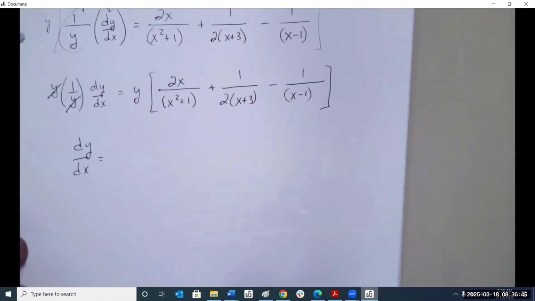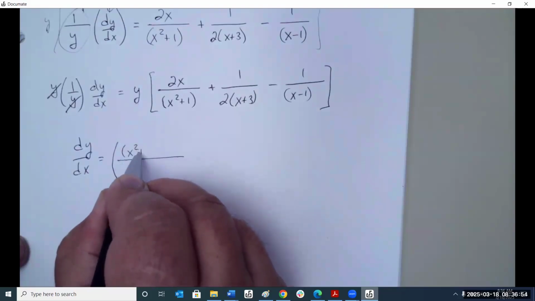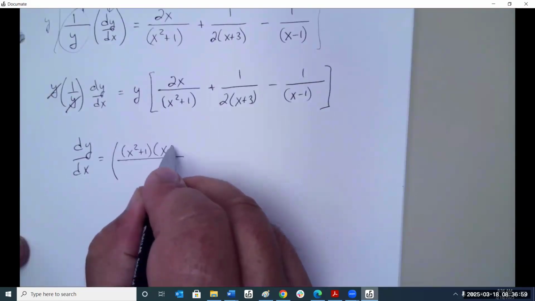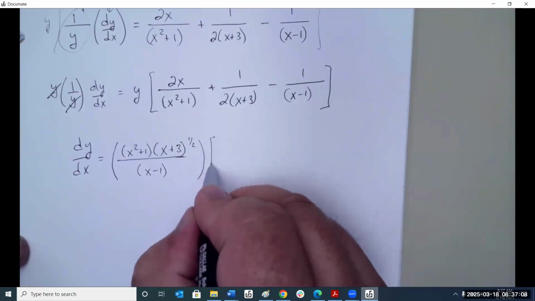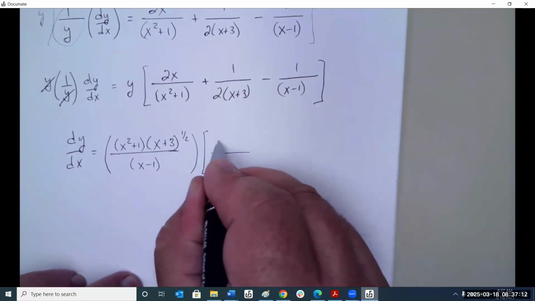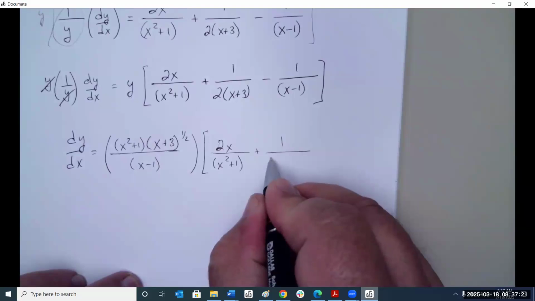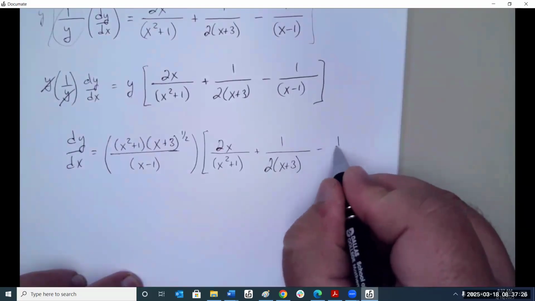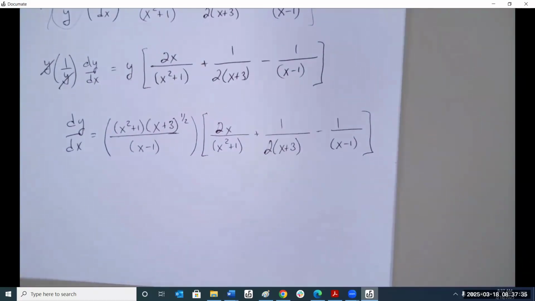So we put that in place of y, which is x squared plus 1, x plus 3 to the power 1/2 over x minus 1, times our whole bracket here. And we're as good as done.